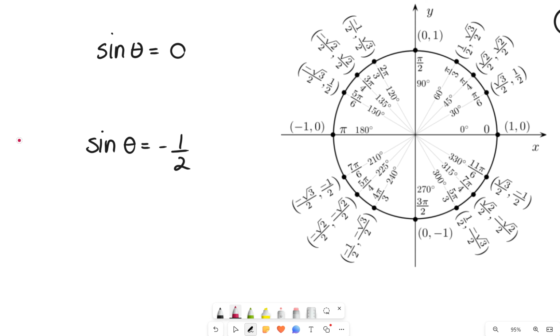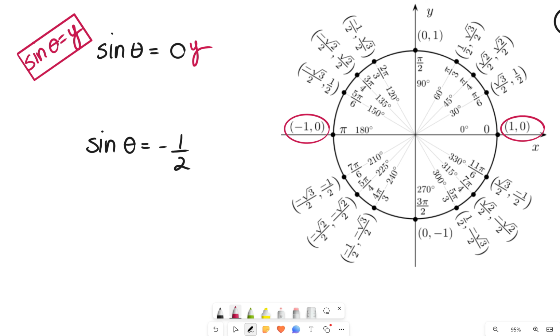Now what you have to remember and look on your formula sheet is that sine theta is equal to the y coordinates of the unit circle, okay? So I'm needing to just look at the y coordinates. So let's do the first one. Where are the y coordinates 0? Well, the y coordinates are 0 right here and right here, nowhere else.